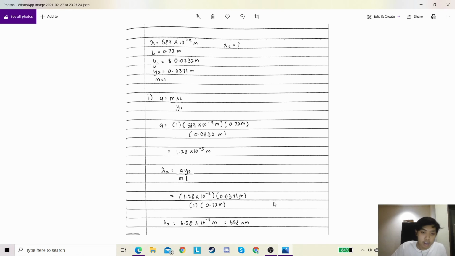When we calculate this using our calculator, we get the answer 6.58 times 10 power of negative 7 meter. And if you want to change it to nanometer, the answer is 658 nanometer.